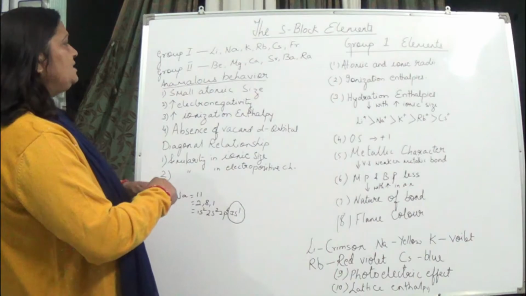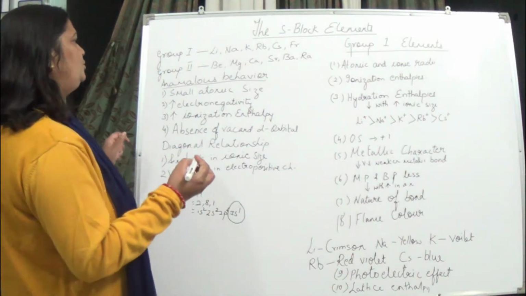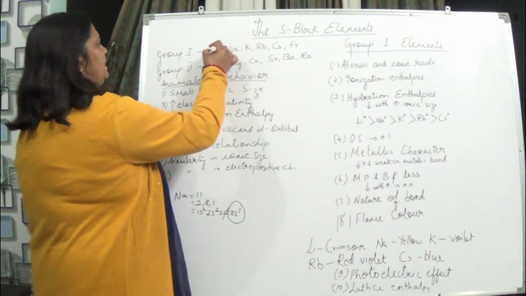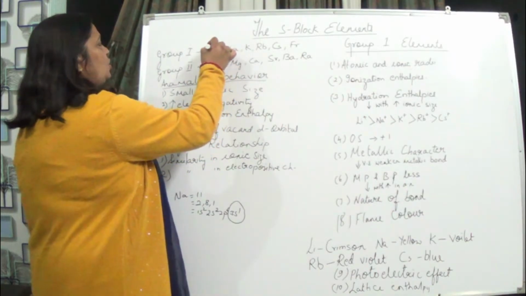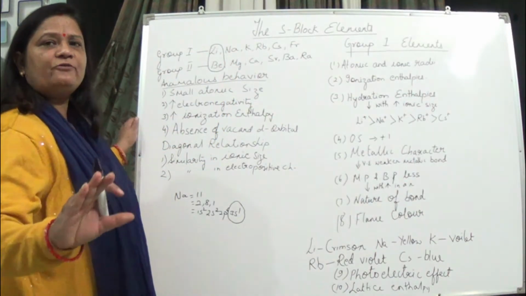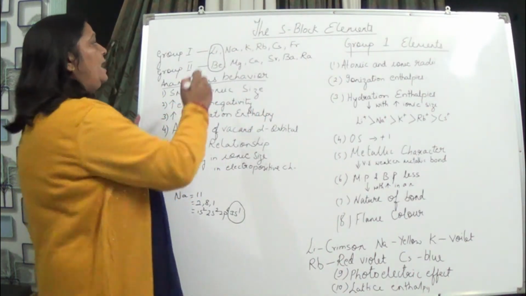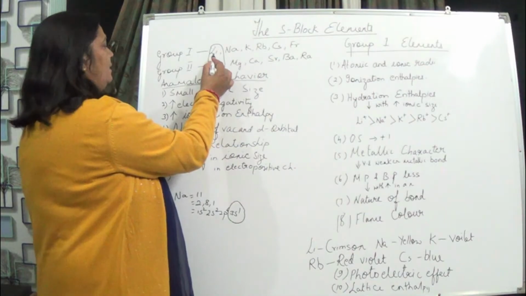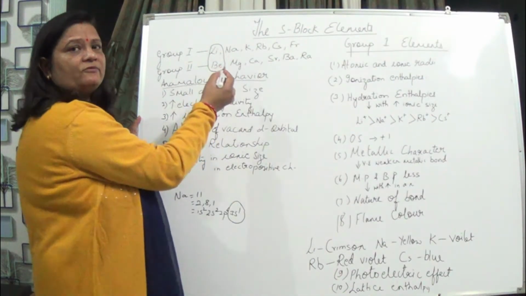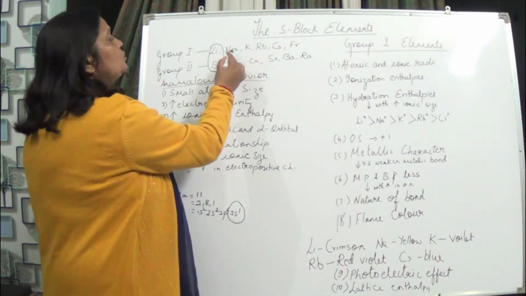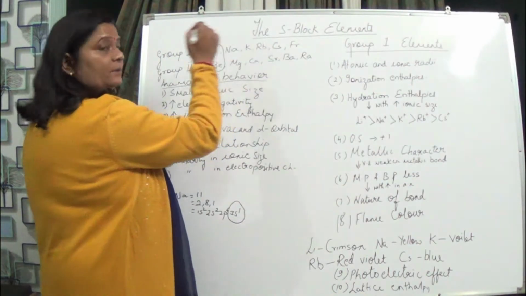Now when we are studying this group 1 and group 2, we find that lithium and beryllium show entirely different properties from the other elements present in the group. Like lithium shows entirely different properties from sodium, potassium, rubidium, cesium and francium.